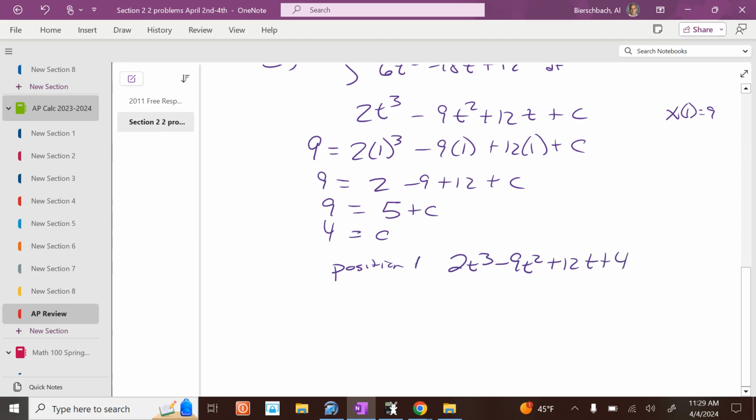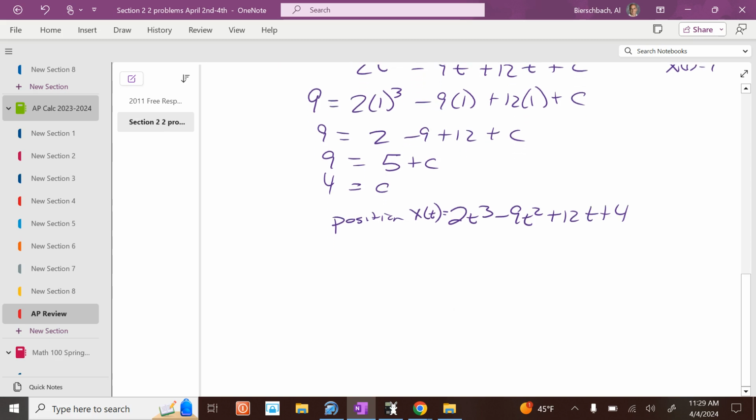So x of t is the position. I think they wanted us to use that and find the total distance traveled. Well, the total distance traveled from 3/2 to 6 is the integral from 3/2 to 6 of the absolute value of 2t cubed minus 9t squared plus 12t plus 4. And this is where you use your calculator and let it give you 176.5.